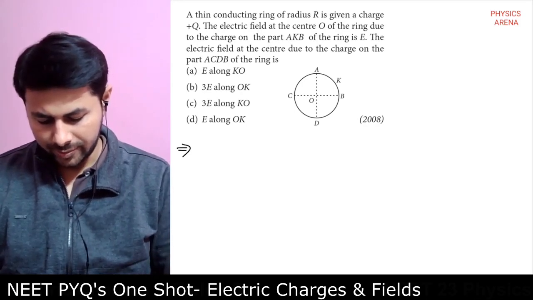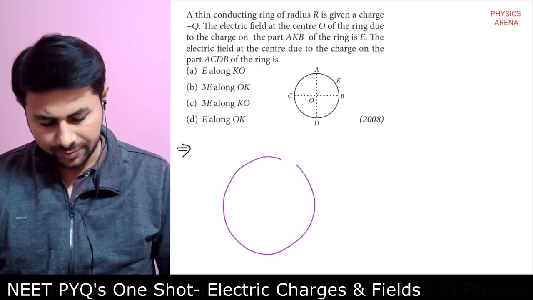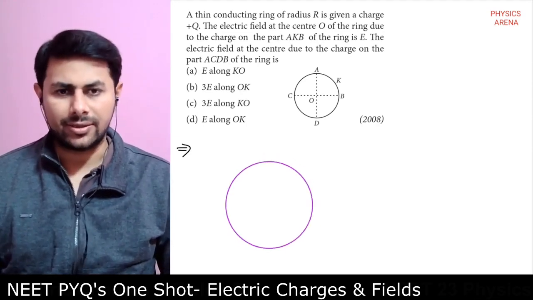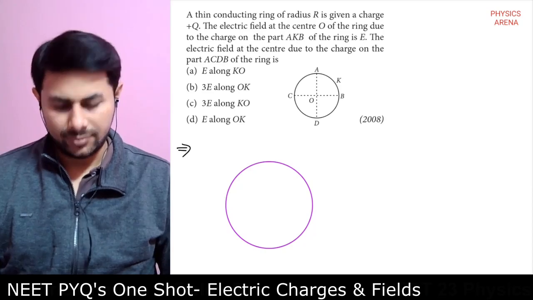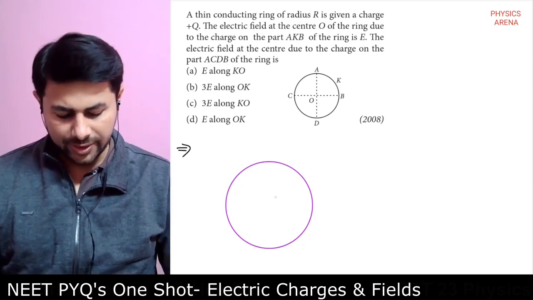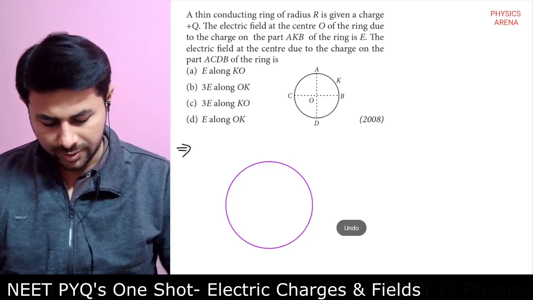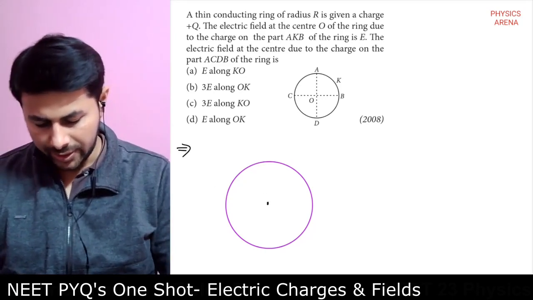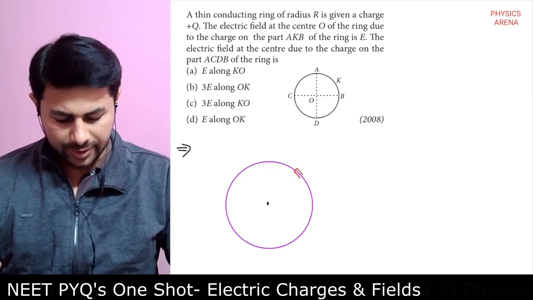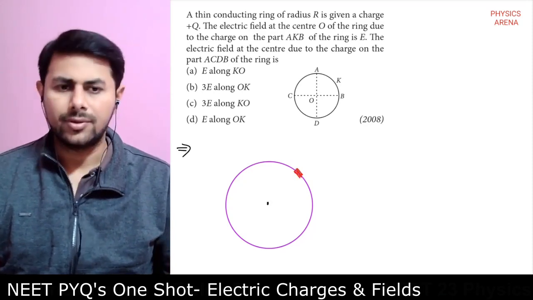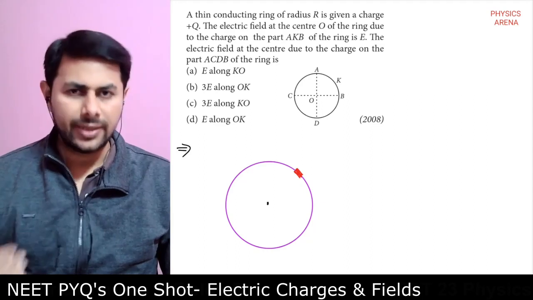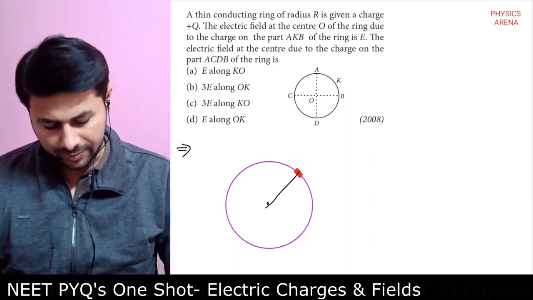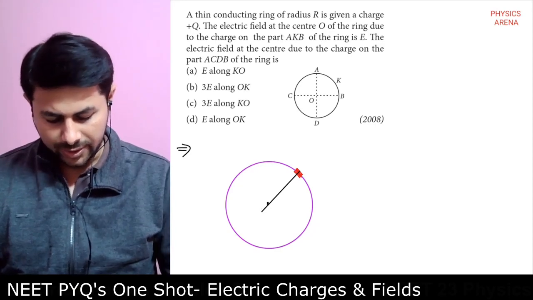So let's suppose we have this ring. How much would be the electric field at the center? It must be zero, right? How? Because if you consider a small length element here, it will produce its electric field, and that electric field will be directed in this direction.